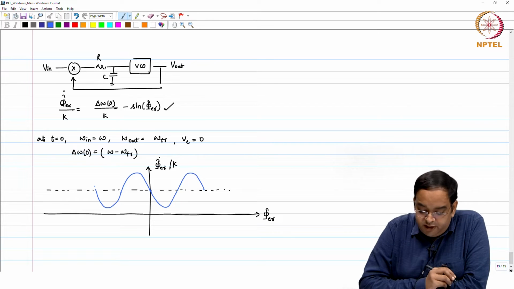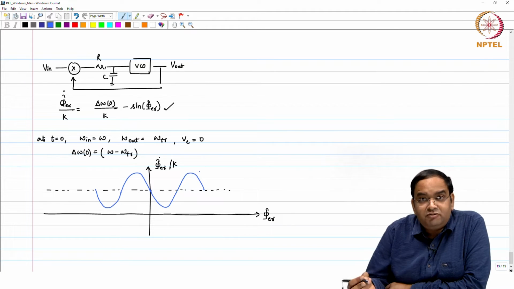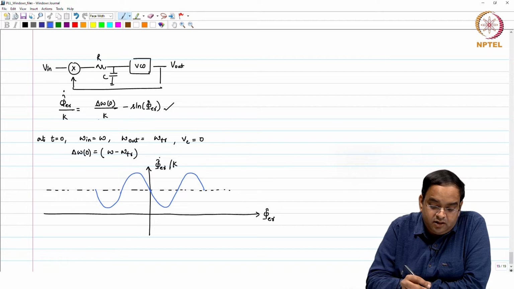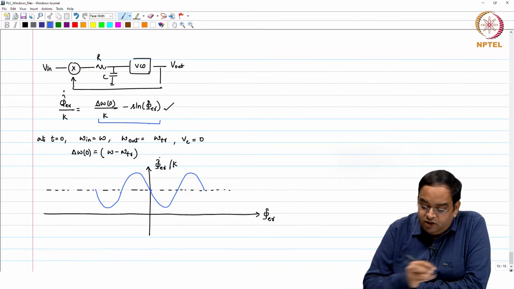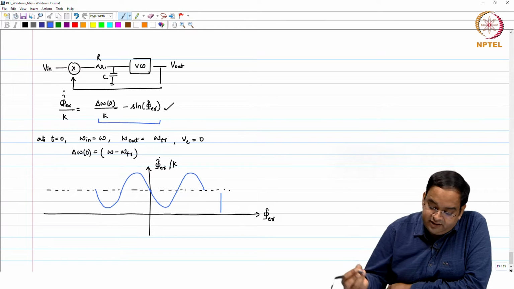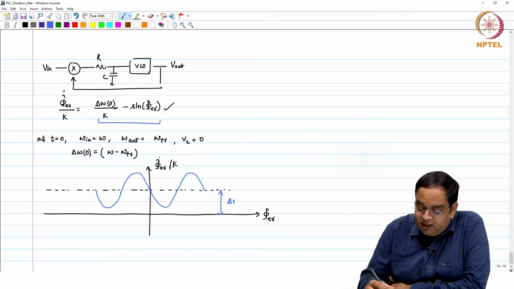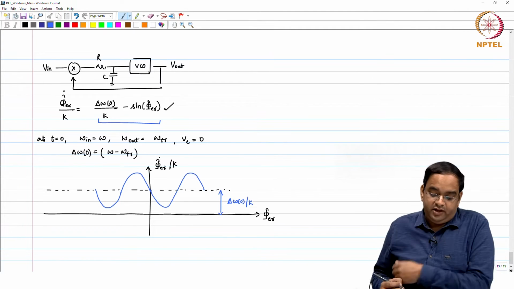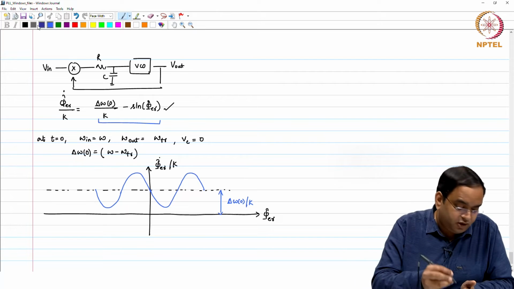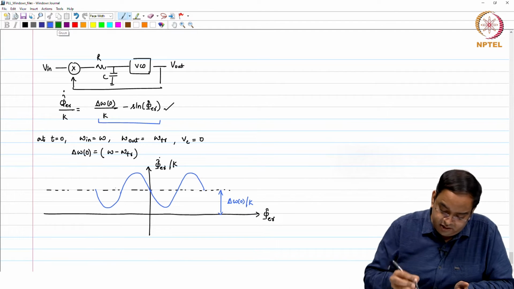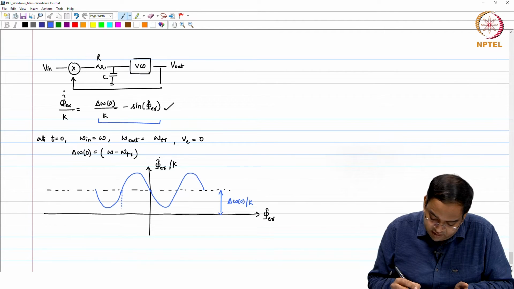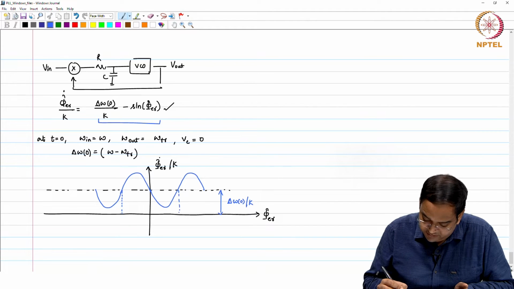So, this is the kind of waveform you have. You do not see the blue curve crossing. Blue curve is nothing but what you see, the right hand side of the above equation. You do not see this crossing the x axis at all. Okay, and this is nothing but delta omega 0 by k here. Okay, well, it does not cross, that is fair enough, no problem with that. What does it do? To figure out that, let us note these points. So, this is minus pi, this is plus pi.